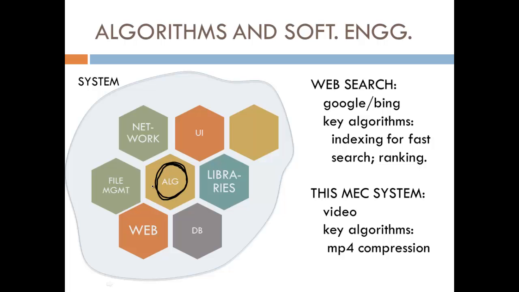But if you look at the video itself, the key algorithm is an MP4 compression algorithm that makes sure that you can view these videos using very little bandwidth and at reasonable speed. There's a lot of algorithms that go into compressing the video, because a lot of the parts of the screen do not change. You can utilize it to compress it and actually build very good algorithms for video rendering.